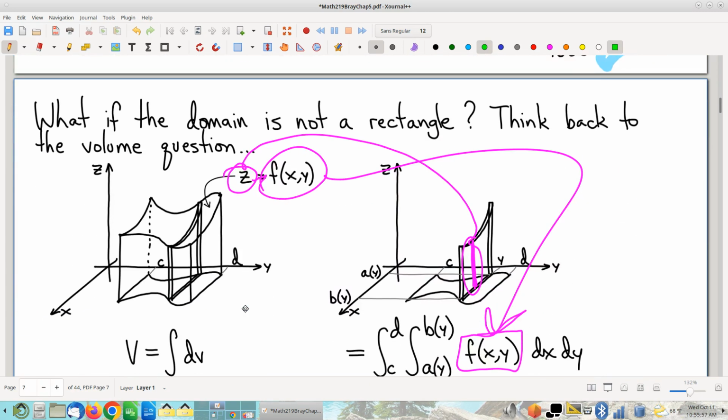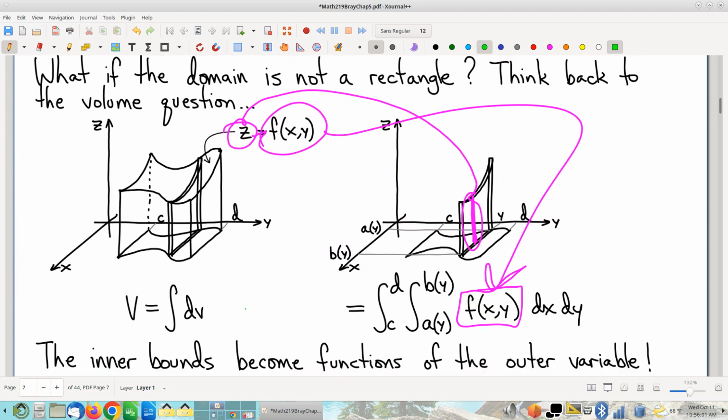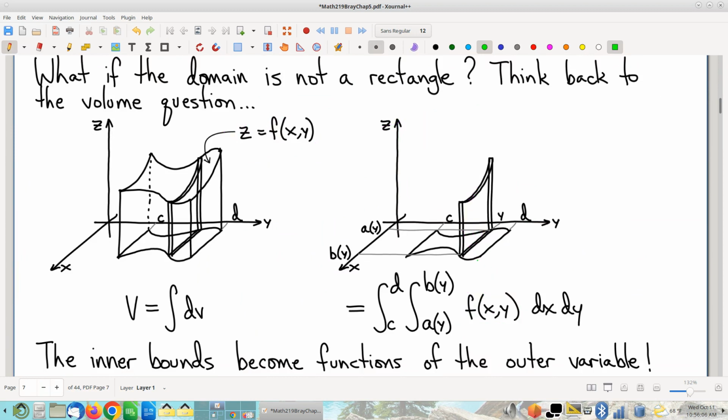And so back to this picture, what contributes to understanding the bounds? Well, the bounds all come from looking at the domain. The outer bounds are just sort of the endpoints, if you will, of the thing as I slice in that direction. It's entirely from the domain.